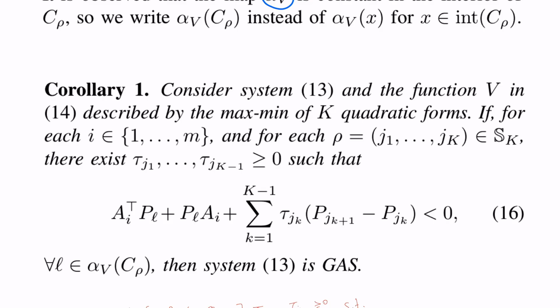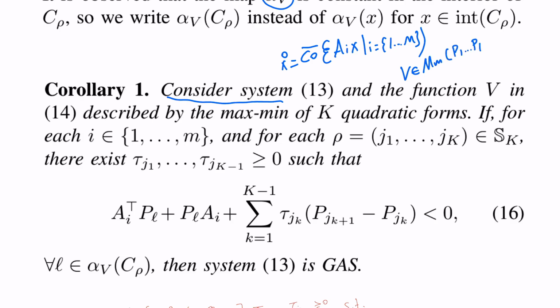All right, here's the corollary, and consider the system. The system is an AFDI type of system, and the function v. I mean, we know what type of function it is. We have m subsystems, and then k basis functions for k quadrics.